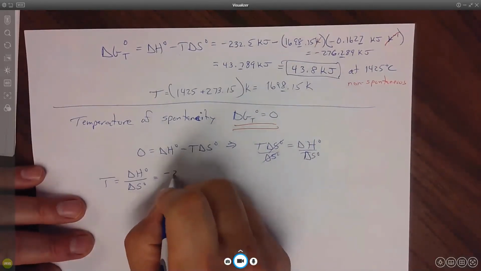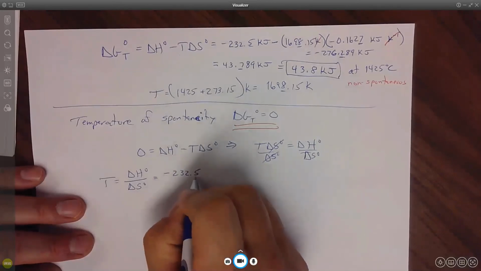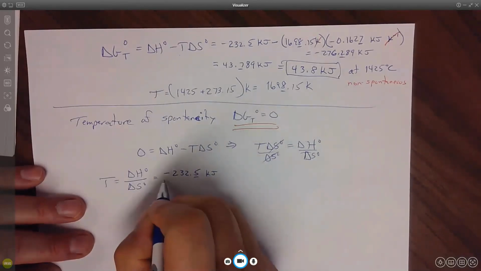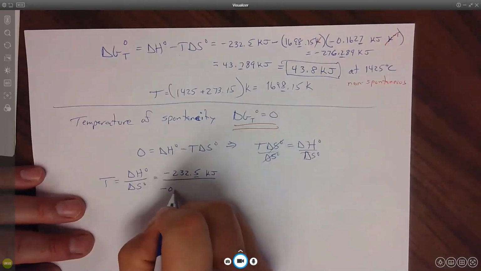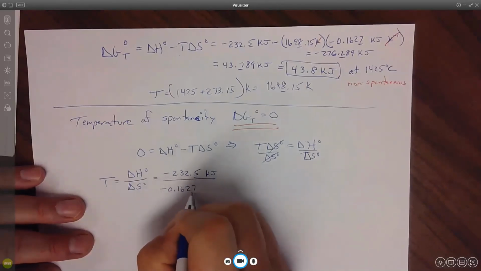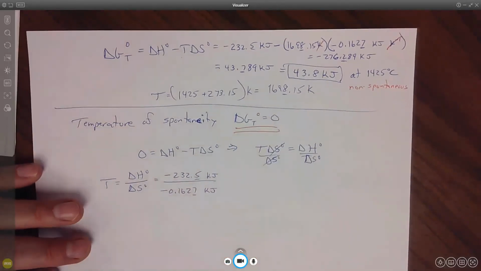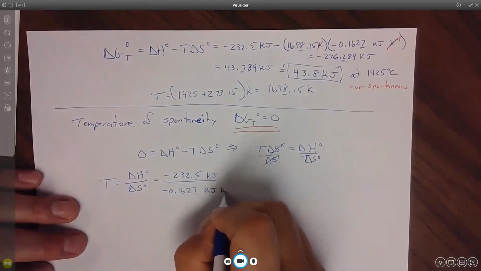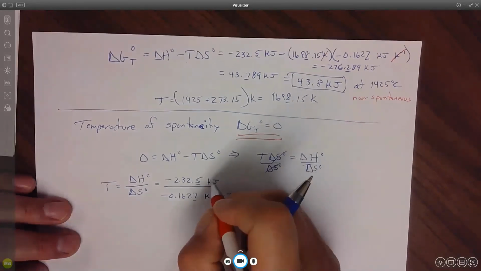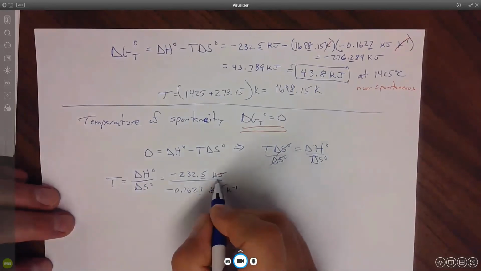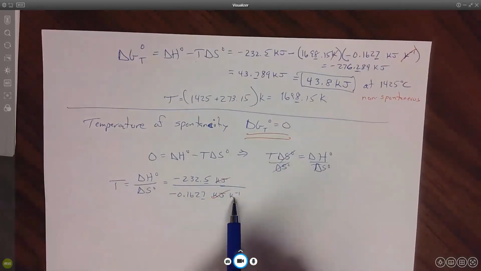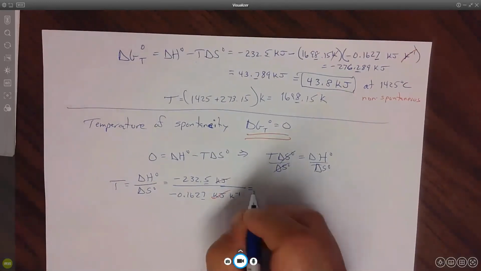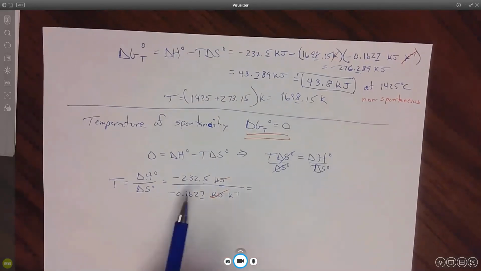So I'm going to put them both in kilojoules since I already have them in kilojoules. Okay, so now the kilojoules cancel. I have 1 over a Kelvin, so our units are going to be Kelvin. The number should always be positive.